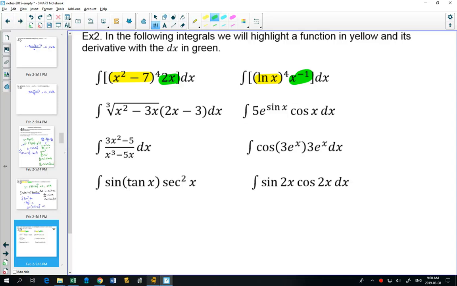And that's what makes integration by substitution sometimes hard to see, because sometimes the derivative is hidden. In the next one, I like the power rule ones because they're really the easiest ones to see. You can see that x squared minus 3x is inside a power of 1/3. And its derivative is right here.